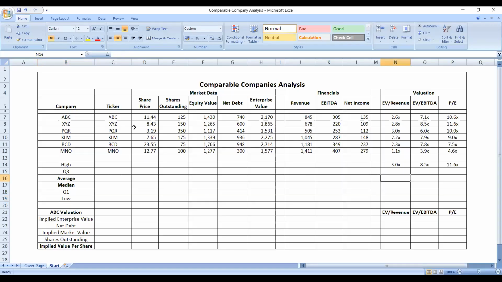So let's try to fix the value of quartile deviation 1, quartile deviation 3, and so on.